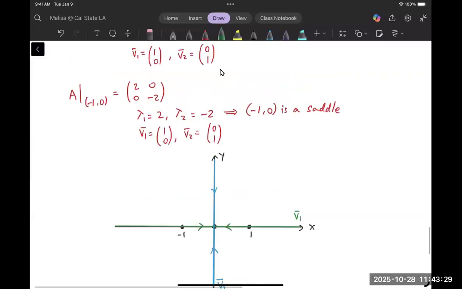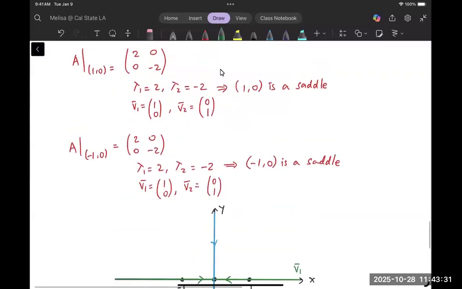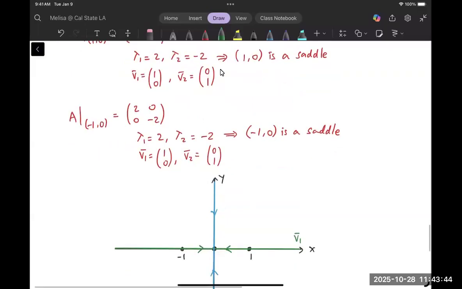Okay, that's the first one. Now the second one at 1, 0. Your V1 and V2 are the same, 1, 0 and 0, 1. If you sketch V1, which is 1, 0, from the point 1, 0, we still get pretty much the x-axis. We sketch the span of V1.